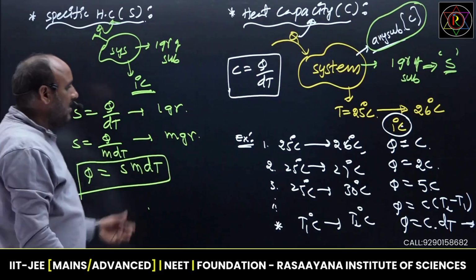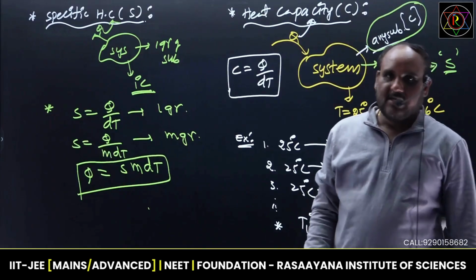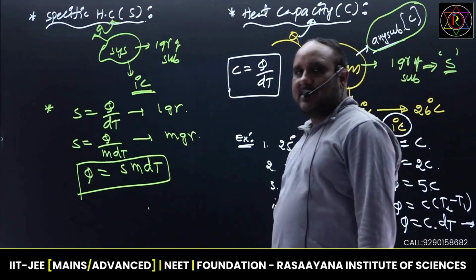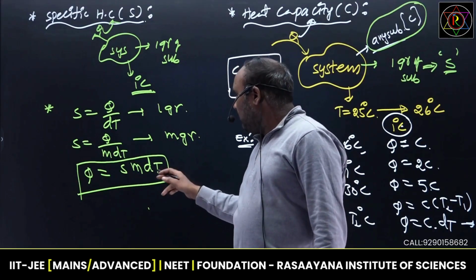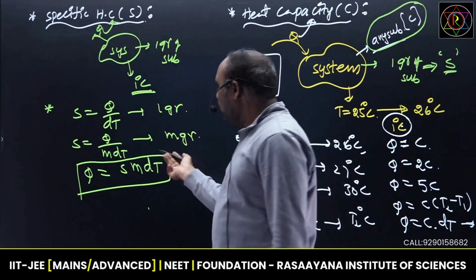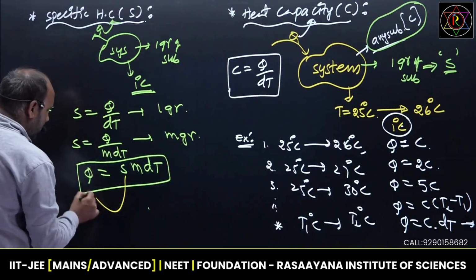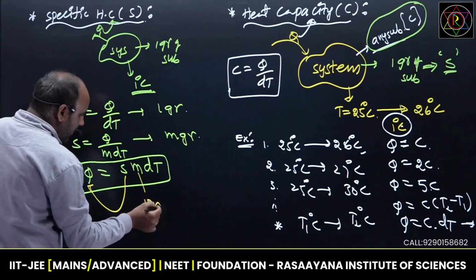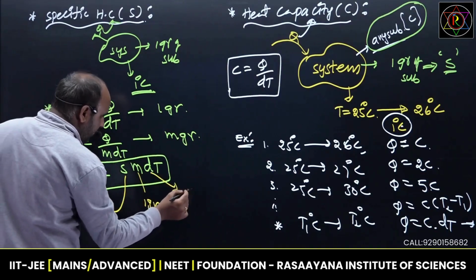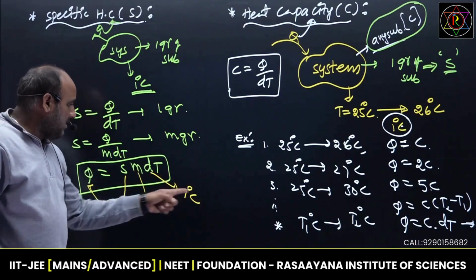We will get numerical questions based on this. Specific heat capacity, so m gram of substance is given, and with the help of dt, how is S equal to Q? S is equal to Q when m is 1 gram and the temperature difference dt is 1 degree centigrade.